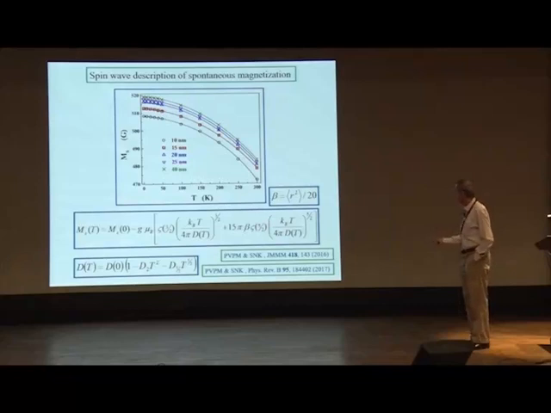fit with the well-known spin wave expression, which is this, where this beta is a measure of the RMS exchange correlation length, that is the range over which the exchange interaction operates in these systems.